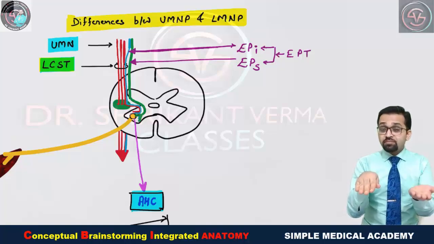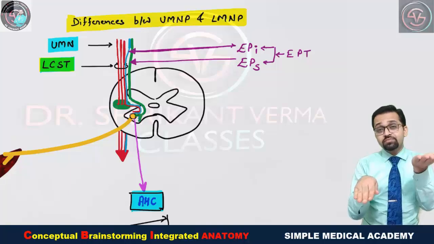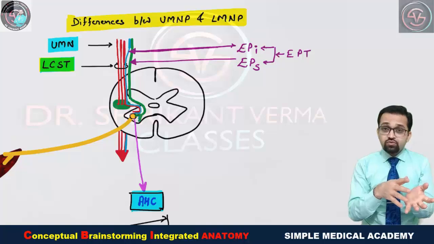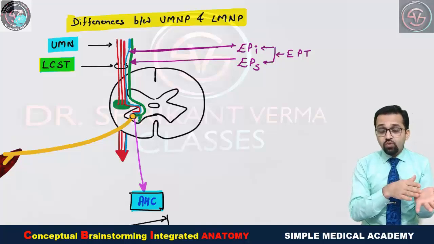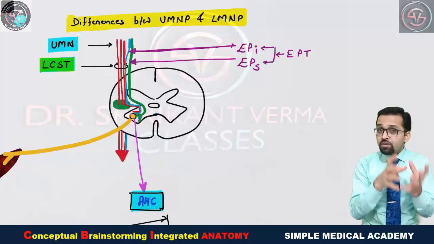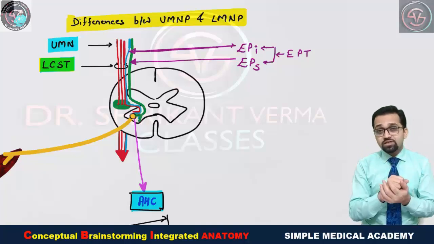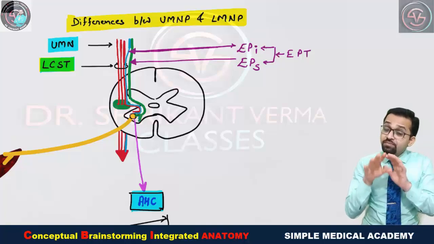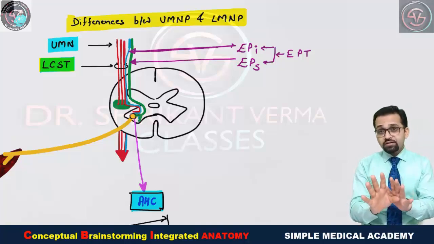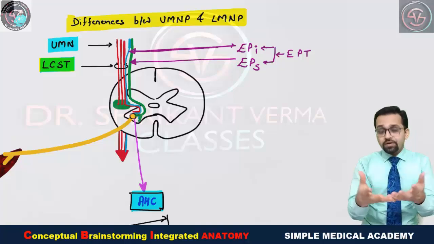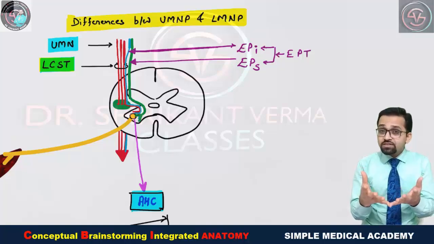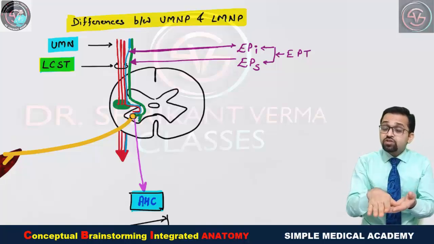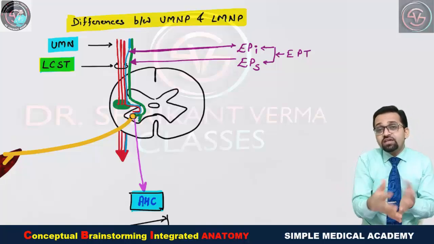Suppose if the extrapyramidal tract stimulatory is more stimulated, then there is more release of acetylcholine, and as you know from physiology, acetylcholine is responsible for muscle tone maintenance. So the muscle tone is increased. When the extrapyramidal tract inhibitory is more stimulated, then acetylcholine release is decreased, so the muscle becomes loose, that is flaccidity.